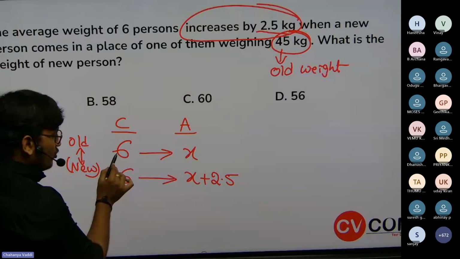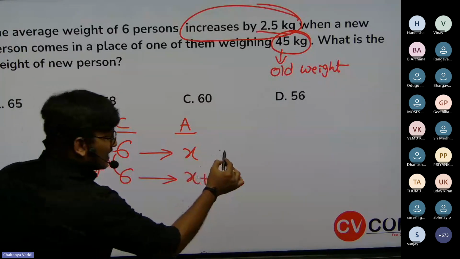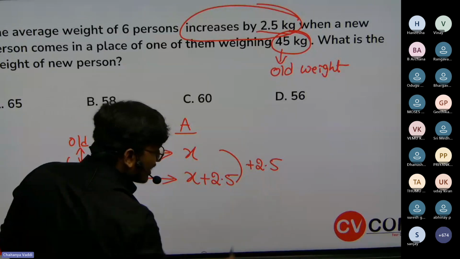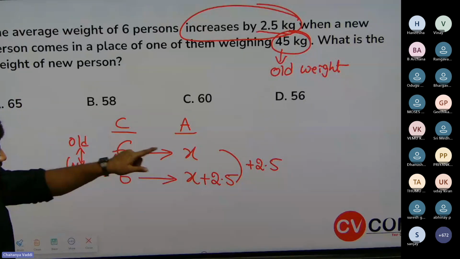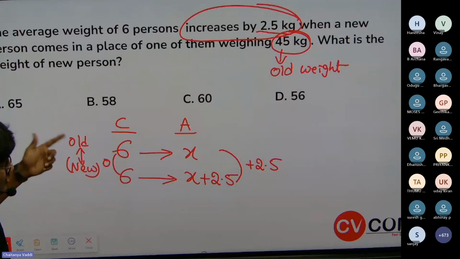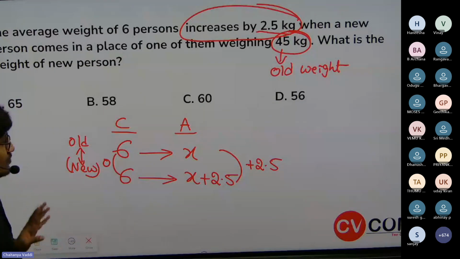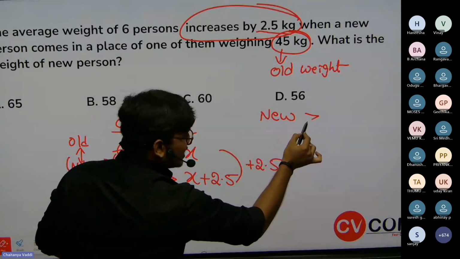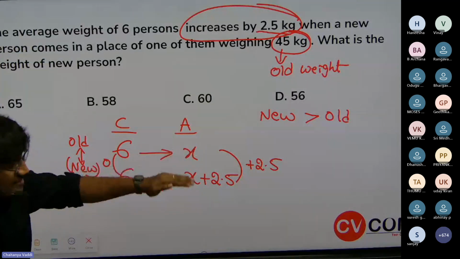Okay. So if you follow the same procedure, the left hand side difference will be 0, the right hand side difference will be plus 2.5. One thing you should have clarity on: when the old person is there in the 6 members, the average is only X kgs. When the new person came in place of the old person, the average is increased. Obviously from this logic I should understand the new person's weight is greater than the old person's weight, because when the new person came into the picture, the average is increased, right?